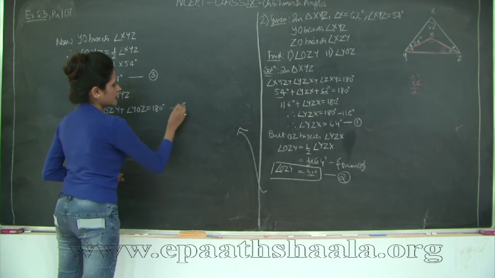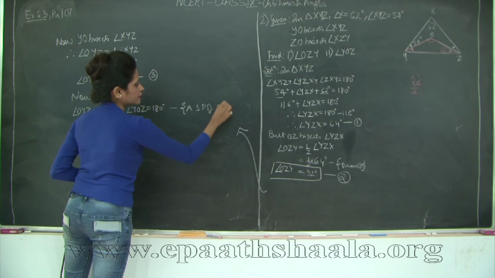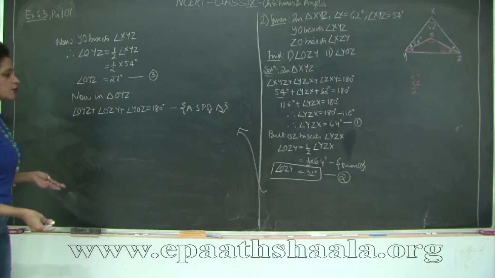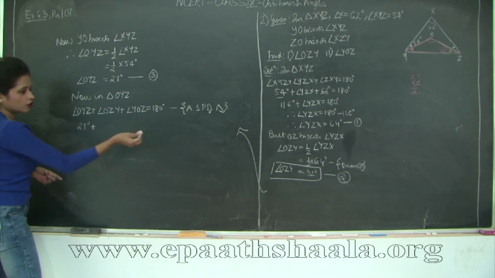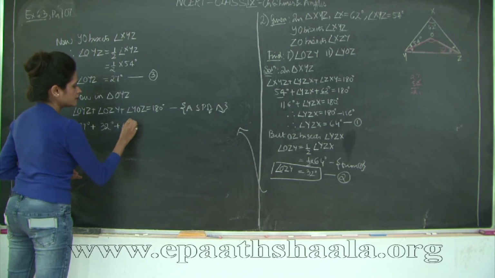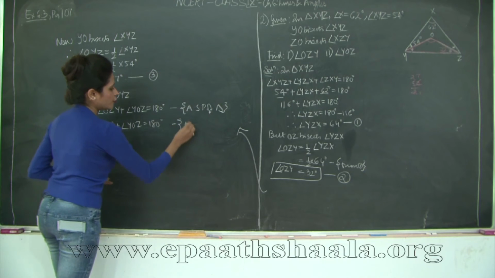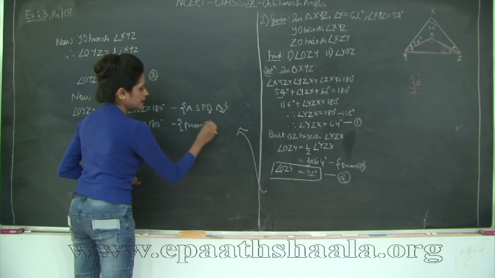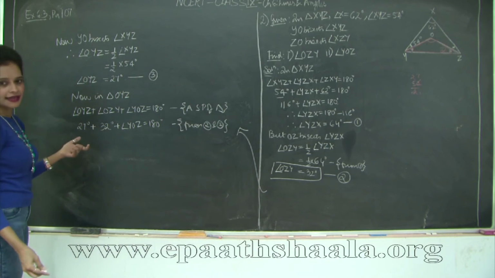Why? Angle sum property of a triangle. Let's substitute the values that we have. We have angle OYZ as 27 degrees, angle OZY is equal to 32 degrees, plus angle YOZ is equal to 180 degrees. And this I'll say from 2 and 3. From 2 and 3 we have found the measure of angles OZY and OYZ, correct?